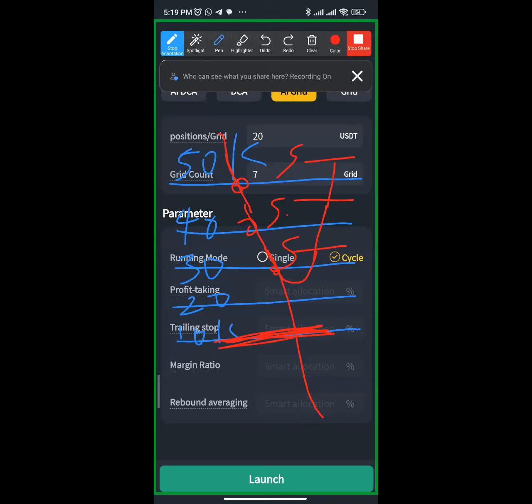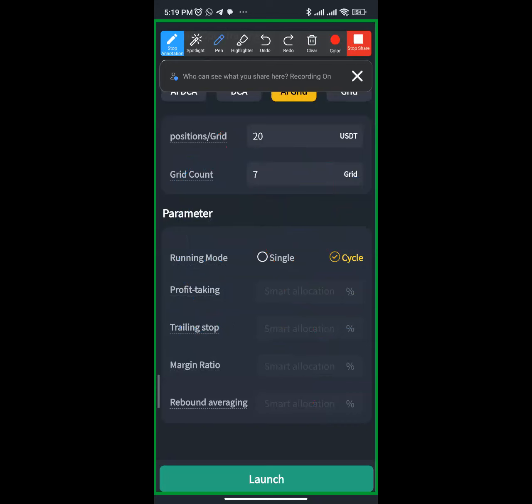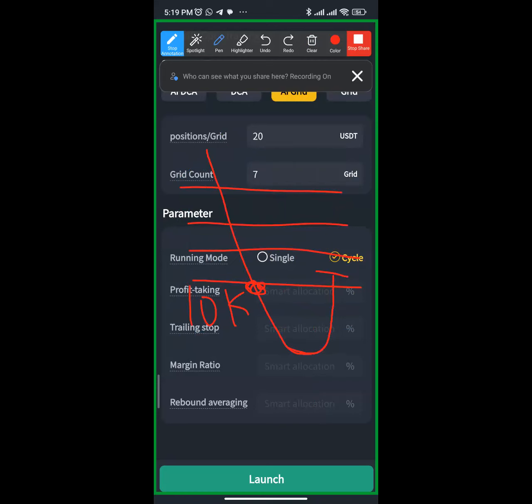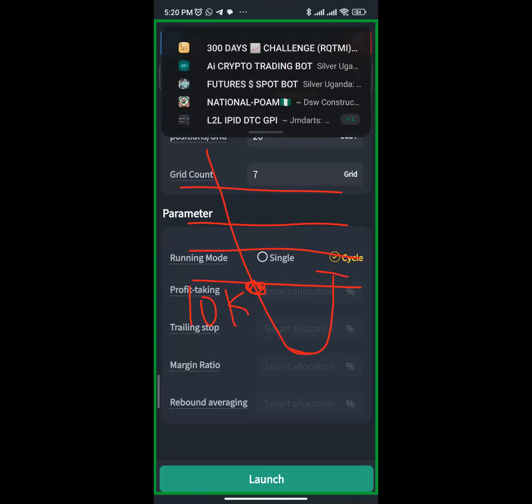Now, if this market should dump in the grid, let's say we're trading in the spot, if the market dumps this way, it goes down. This is 10K. The robot will not buy anything beyond the 10K. This is an example. It's going to wait for the market to reverse back here, and it resumes buying and selling again.